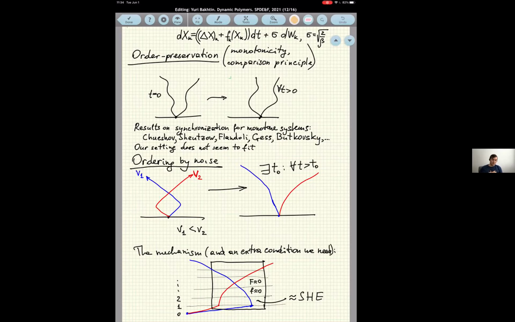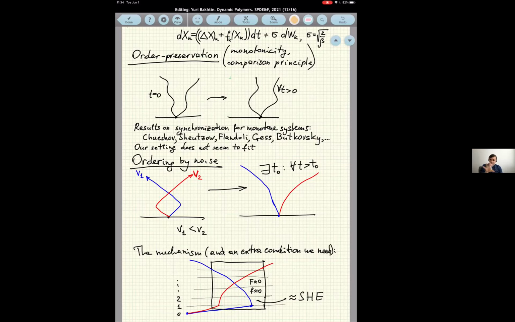So now suppose you have two initial conditions, and one has asymptotic slope V1 and another V2, and they're not equal to each other. On this picture, V1 is less than V2. And so it means that asymptotically, one goes this way, another goes this way.